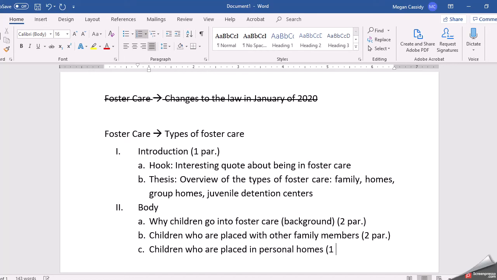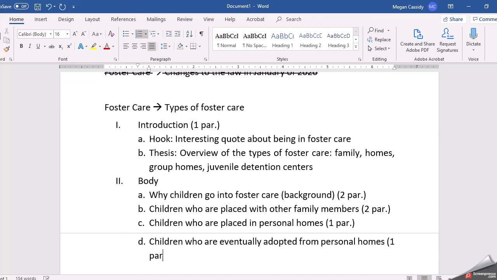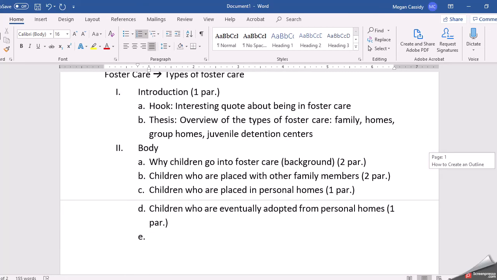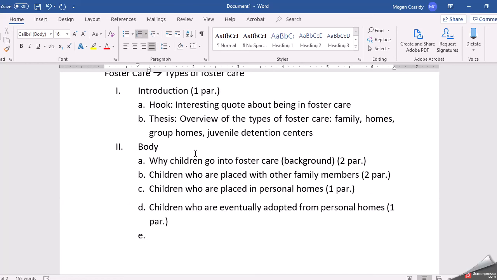And let's say I have 1 paragraph on that, and then I have children who are eventually adopted from personal homes. 1 paragraph. I don't know too much about foster care. I'm just giving you guys examples here. So let's say then my next one after that in my thesis, I have group homes. That's going to be reflected here again.